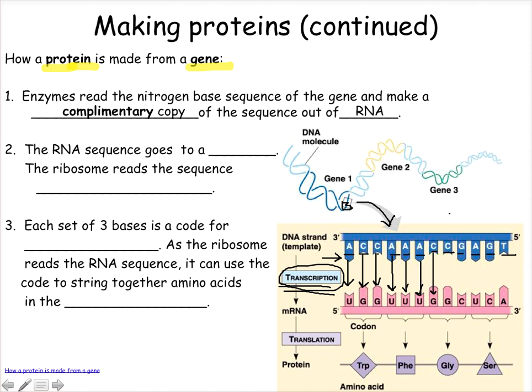Okay, so this original DNA strand stays in the nucleus, and this RNA copy moves, and it's going to be moving out of the nucleus into the cytoplasm to find a ribosome.